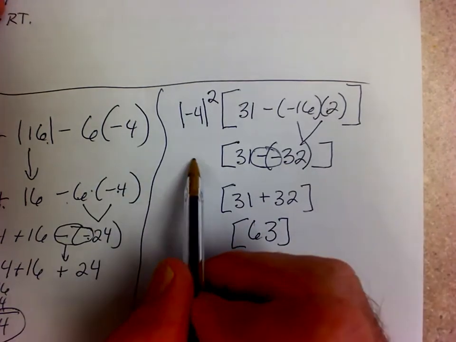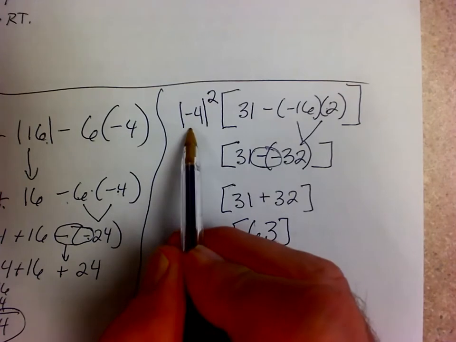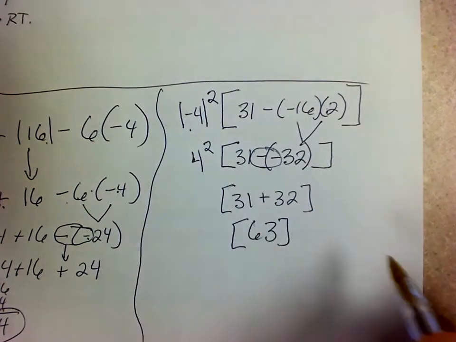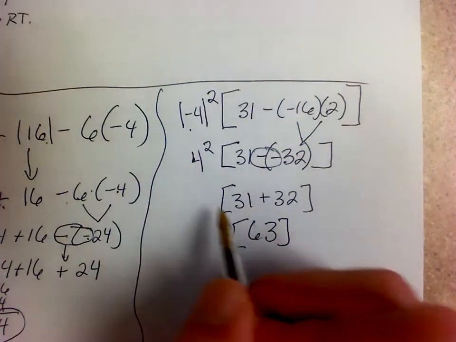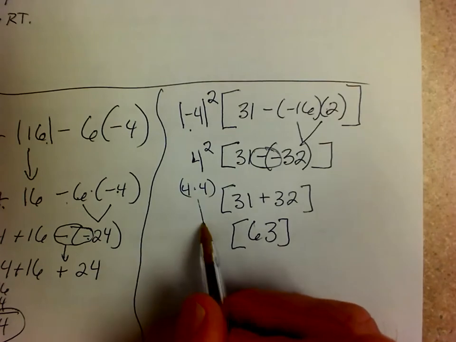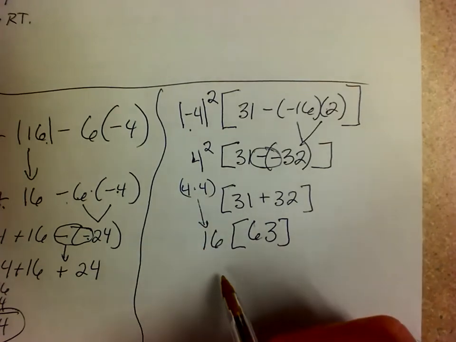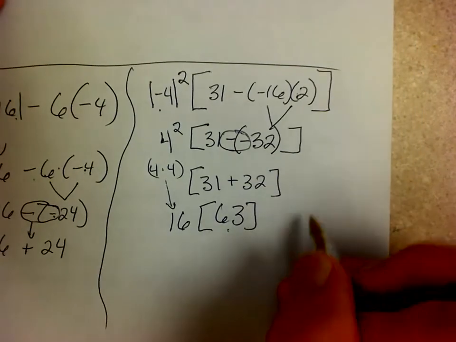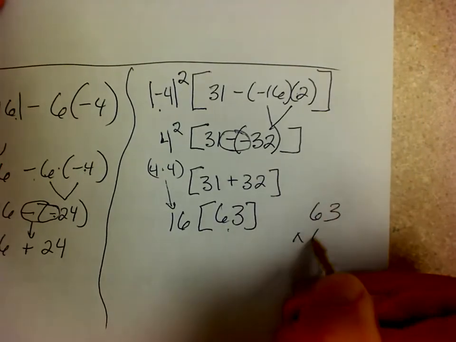Outside our brackets, we can't forget about this. The absolute value of negative 4 is 4, to the second power. So that's 4 times 4, which is 16 as our front term, and 63 as our inside term. So 63 times 16.